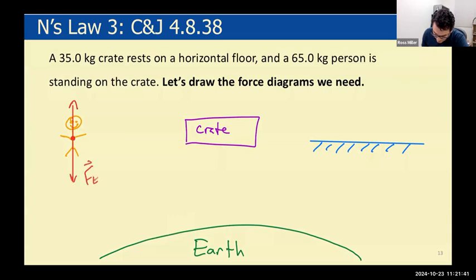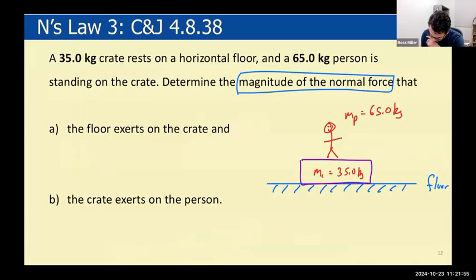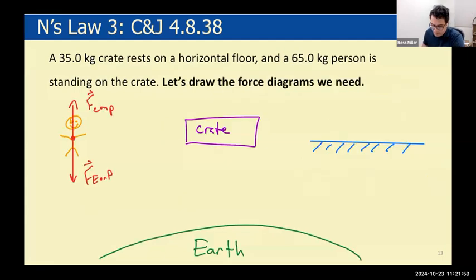So this is the earth on person. And this one upwards is the crate on the person. That's one of the normal forces we care about. Crate on person.